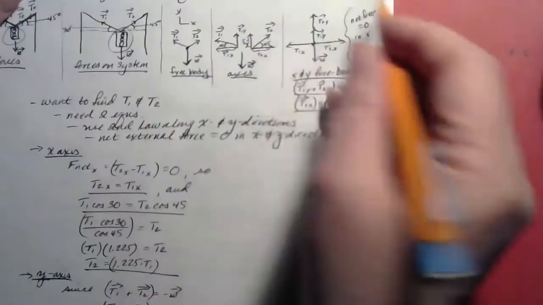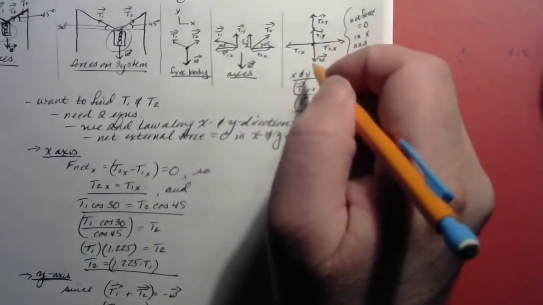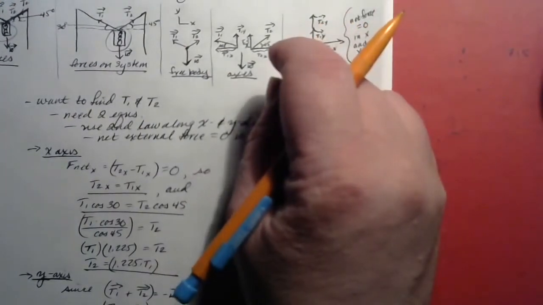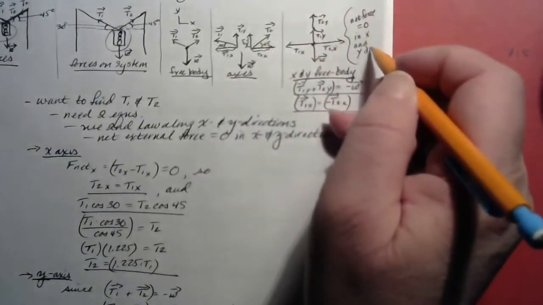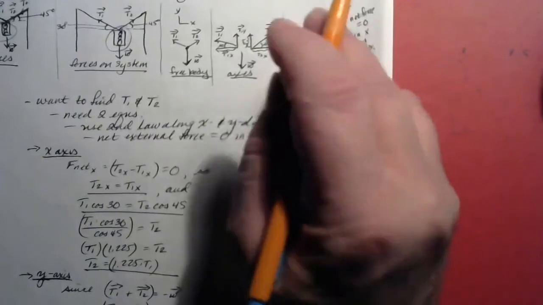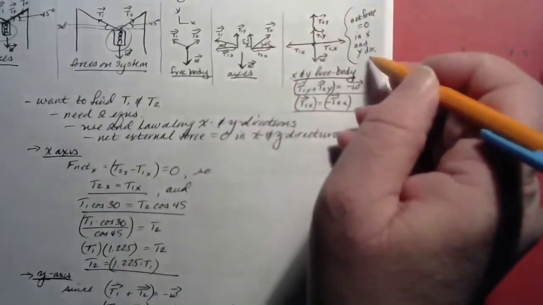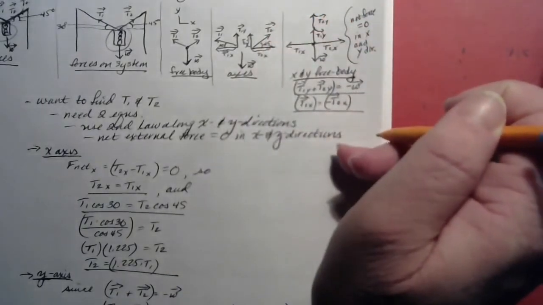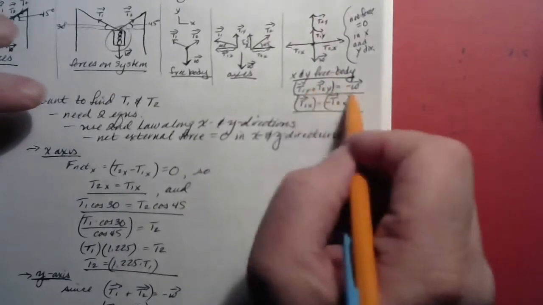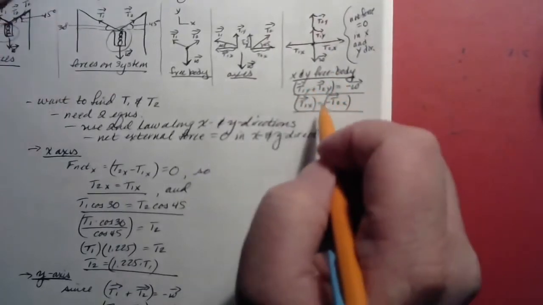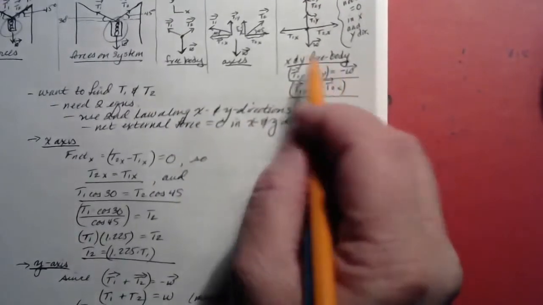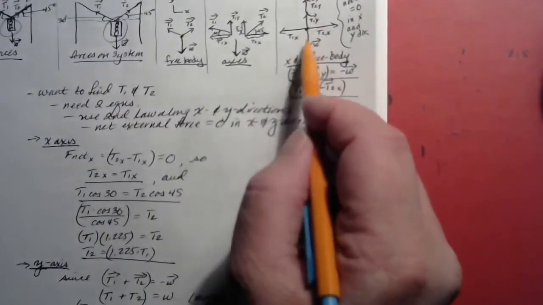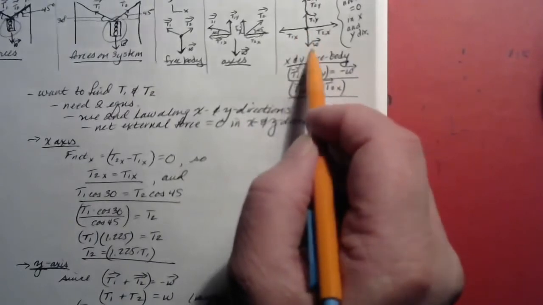The net force on this system, because the light is not accelerating up or down, or to the left or to the right, has to be 0 in the x direction, and also the net force is 0 in the y direction. And what that means is what I've written mathematically down here: you have weight pulling straight downward in the y direction.